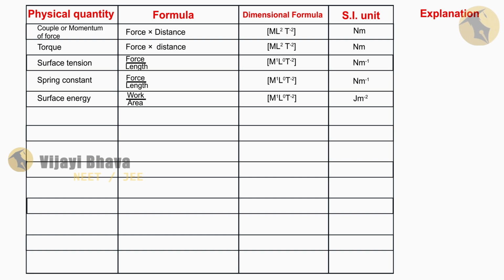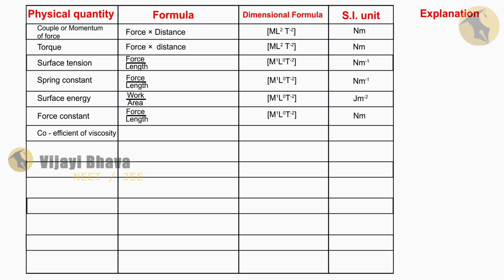The next one, force constant. Force constant has a dimensional formula force by length. If we just observe, this formula is similar to the formula of surface tension and spring constant. So force constant also has similar dimensional formula to surface tension, which is M1 L0 T minus 2. The next one, coefficient of viscosity.